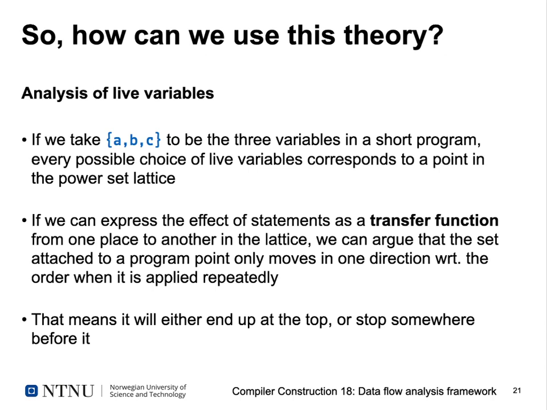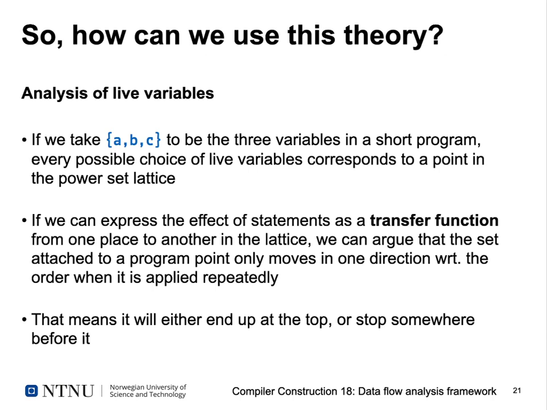Now, if we can express the effect of statements as a transfer function from one place to another in the lattice, so only following the legal transitions in our lattice, so everywhere we drew a line connecting elements, then we can argue that the set attached to a program point only moves in one direction with regard to the order when it's applied repeatedly.